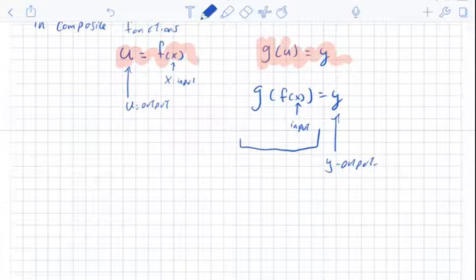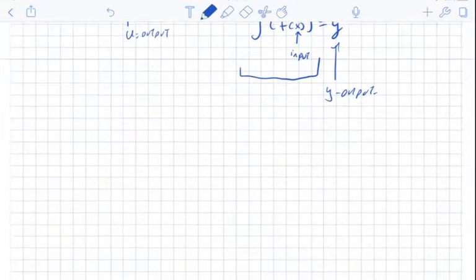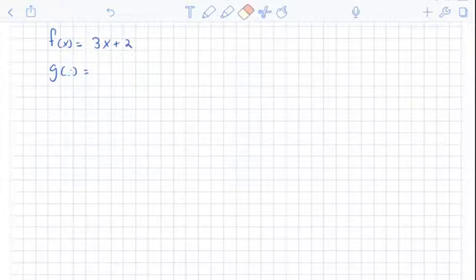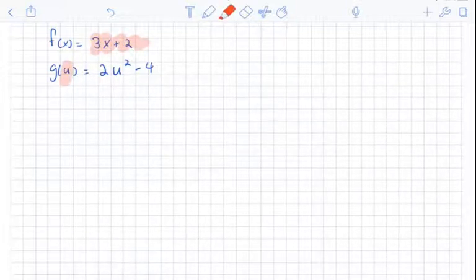So let me do an example to show what we're talking about. This is a purely operational thing. It's not too weird. So if f of x is equal to 3x plus 2, and g of u is equal to 2u squared minus 4, then if I wanted to plug the output of this expression into this expression, I would be writing g of f of x.